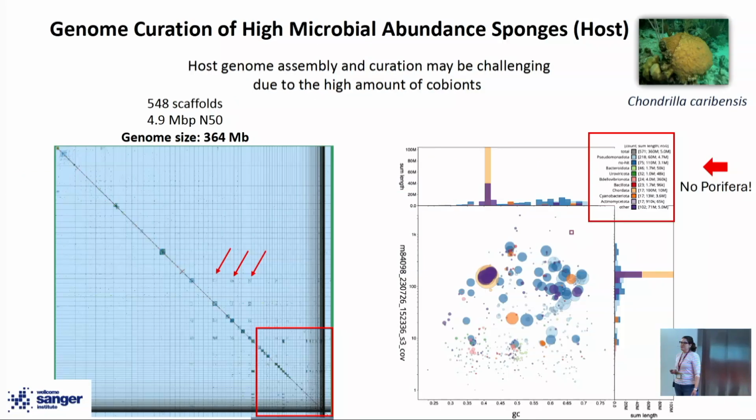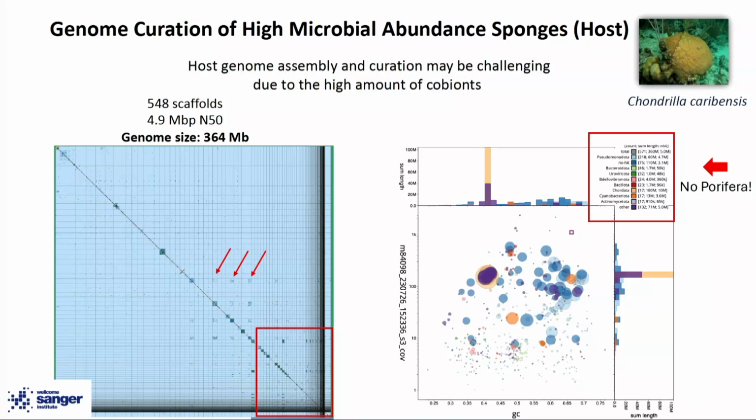And sometimes the genome curation of the host, the sponge, is quite challenging because of the great amount of cobionts. Here on the left, we have a Hi-C map of the sponge Chondrilla caribensis. This is a Hi-C map ready for curation, the way that we receive it.